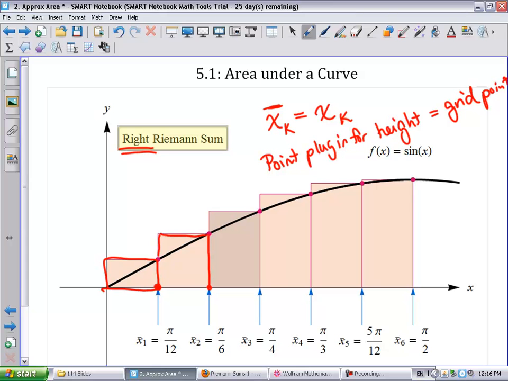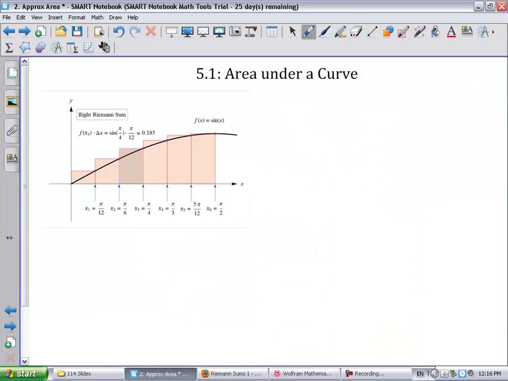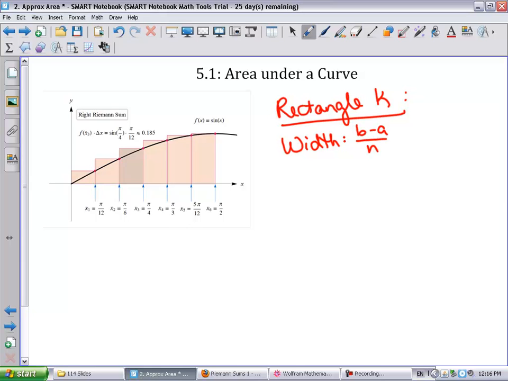So we could come up with an entire formula for the right Riemann sum. So for rectangle k, it's going to have a width of b minus a over n. We already said that. And it's going to have a height of f of x bar k. It always has that height. But in this case, it's f of x k, because it's a right Riemann sum, so the grid points are the same as the points you're plugging in.